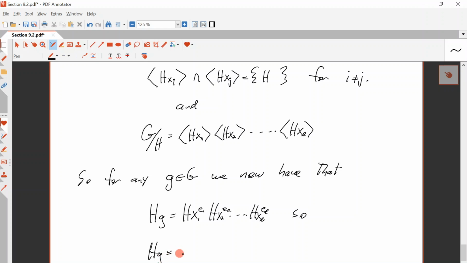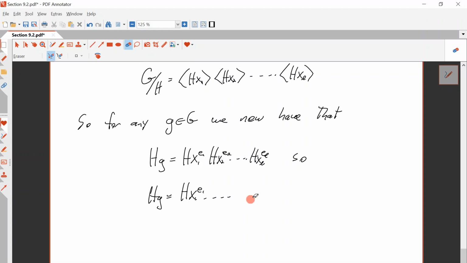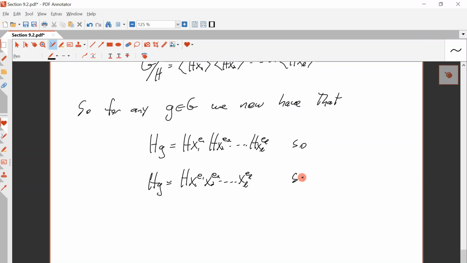So Hg is equal to HX1 to the E1 through HXL to the EL, like that. Or H times X1 to the E1, X2 to the E2, through XL to the EL. So that's the operation in G mod H. So G itself differs; this element g differs from that by some element of H.